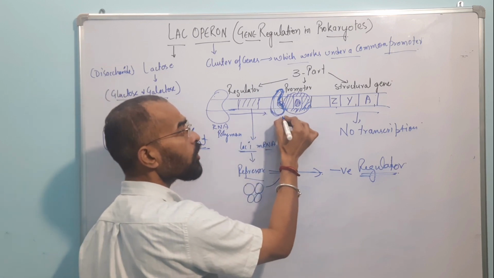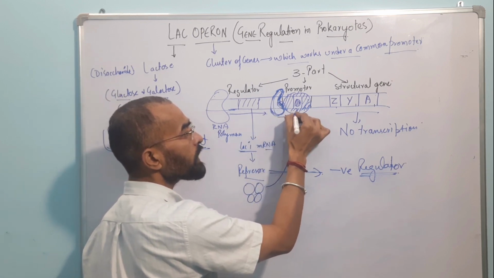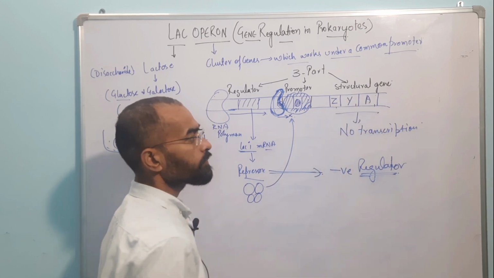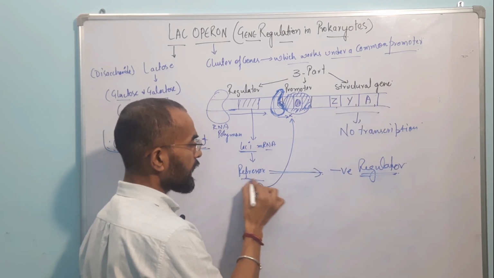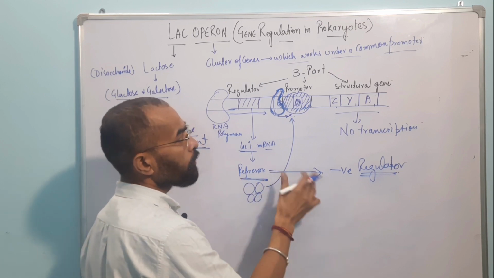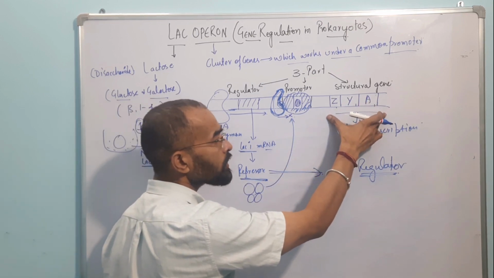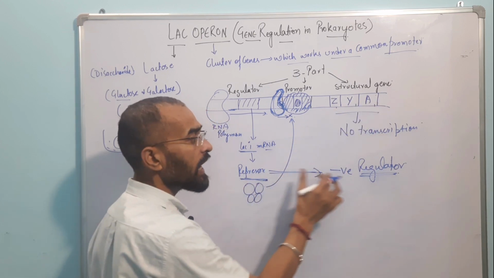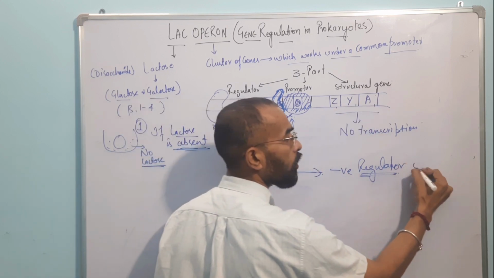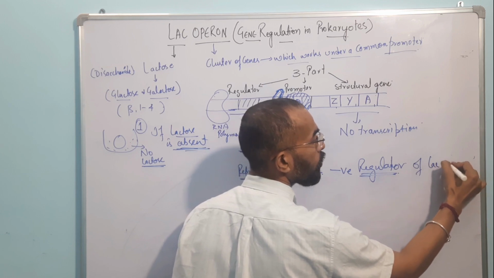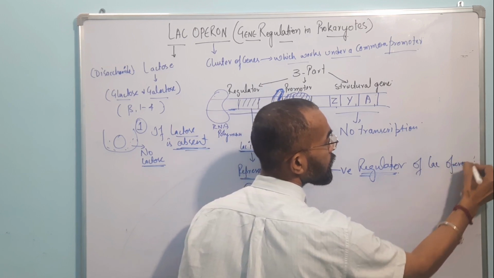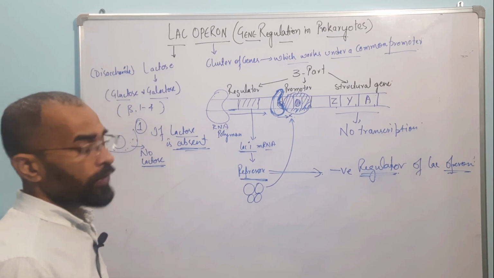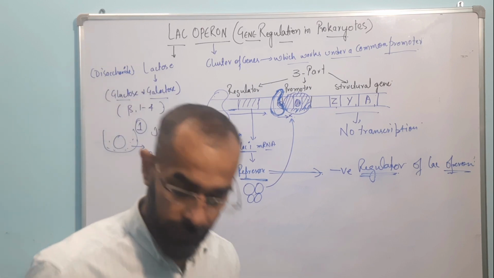It does not allow the polymerase to move in this direction so that it can transcribe the structural gene. So we can say that repressor blocks the transcription of structural gene. Thus we call repressor a negative regulator of lac operon. Got it? Okay. Now we study the second case.